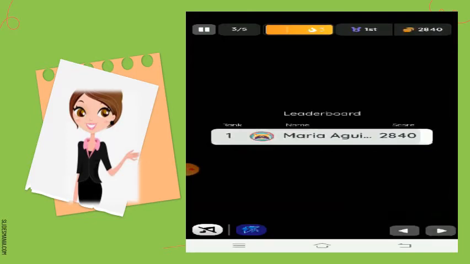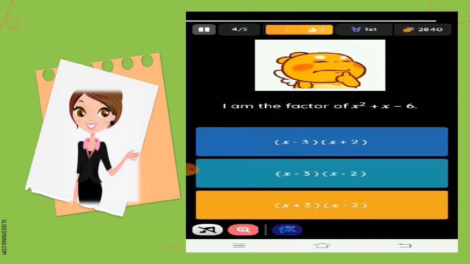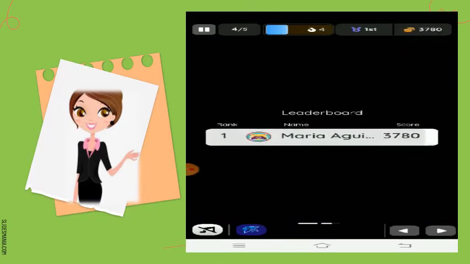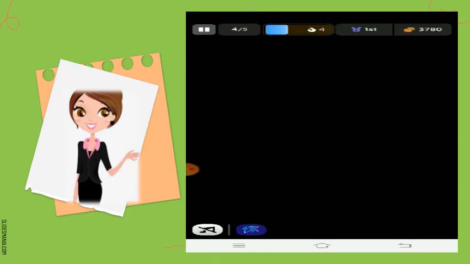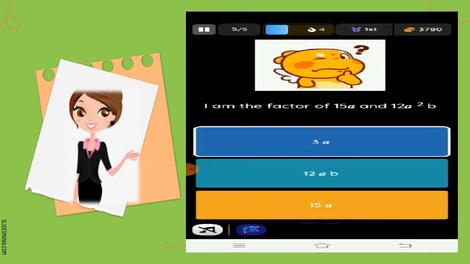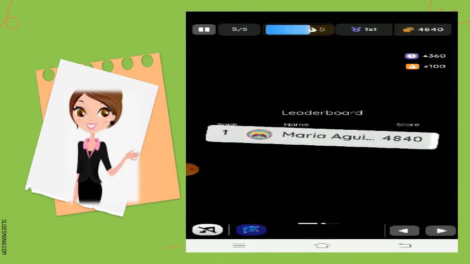The next question: I am the factor of x squared plus x negative 6. And lastly, the factor of 15a and 12a squared b plus 2a. That's it.